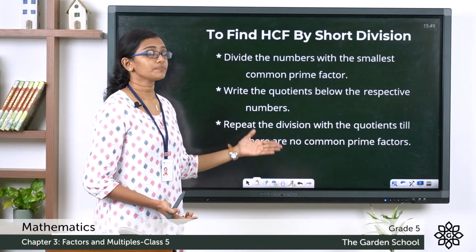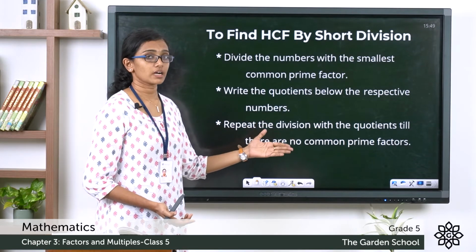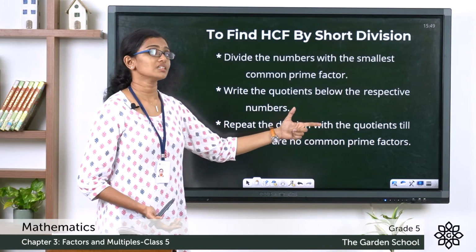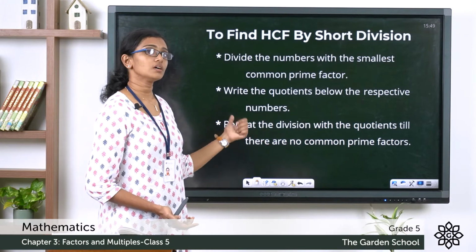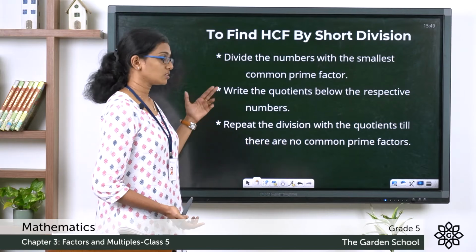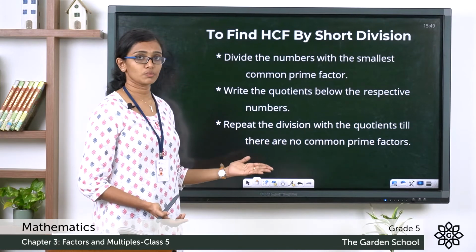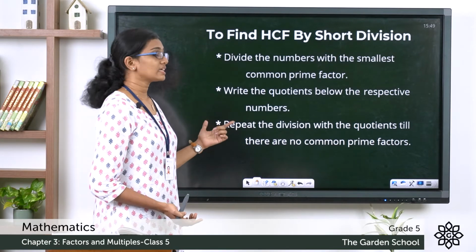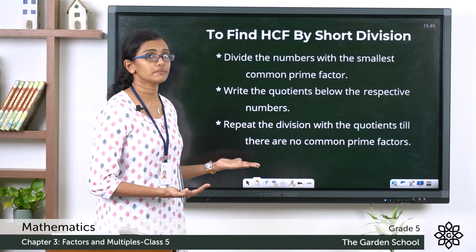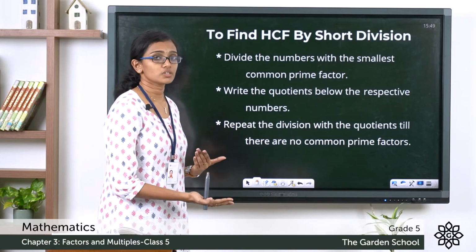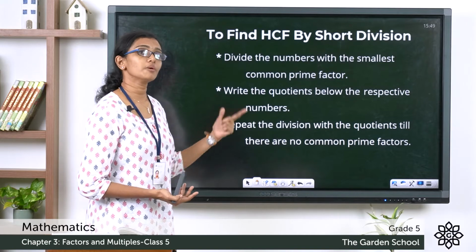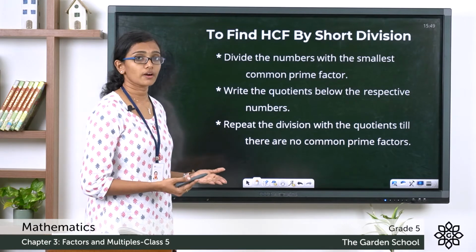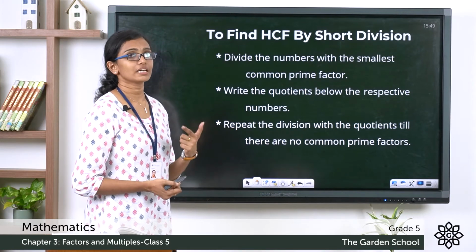Then again you find a common prime factor for the quotients just obtained, and divide those quotients with that common prime factor. You repeat the process and continue the division until there are no more common prime factors to proceed with the division further. Once you are done with the division, you take all the common prime factors, you find the product, and that product will be the HCF.